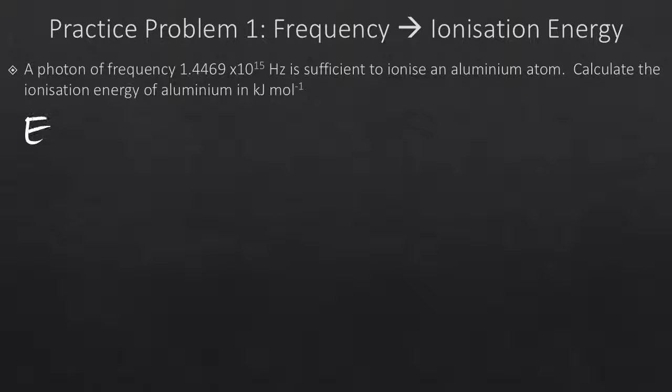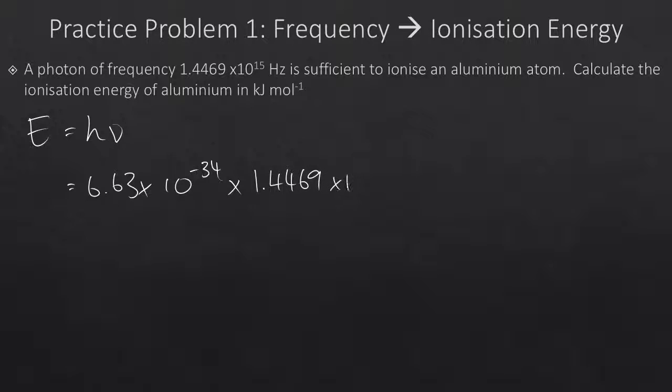So we have E. We start with E equals h nu. So we have Planck constant, which is 6.63 by 10 to the negative 34, times our frequency, 1.4469 by 10 to the 15.